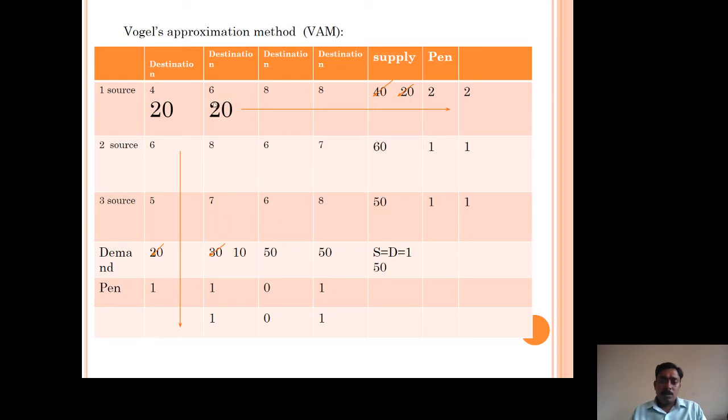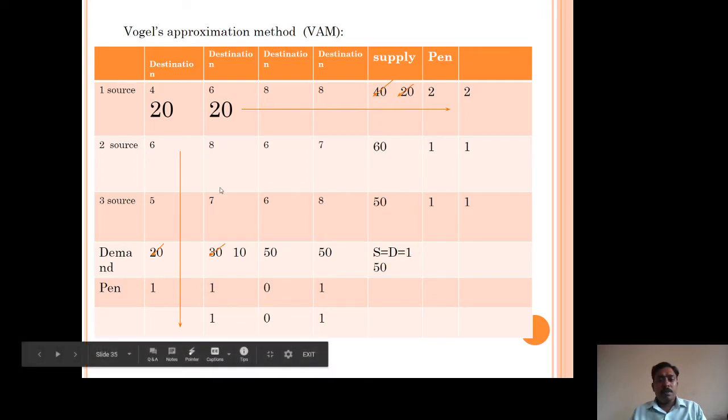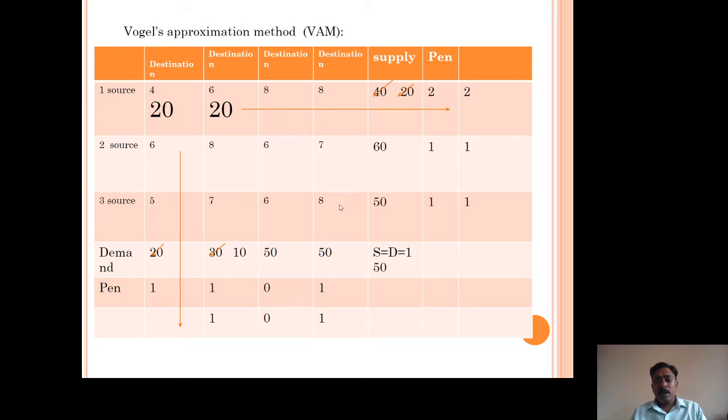Now again calculate the penalty. This row is finished. These are the remaining cells. Column wise the penalty is 1, 0, 1, and row wise 1. Here it is 1, and here it is also 1. So write down those penalties.